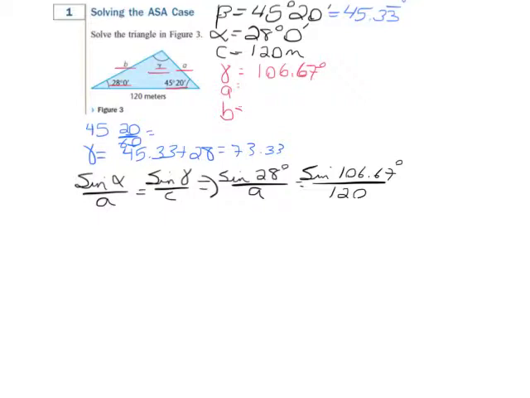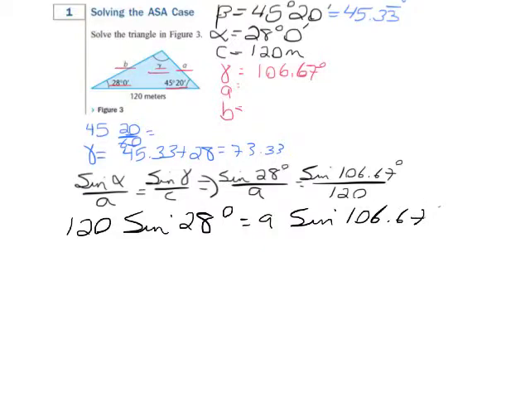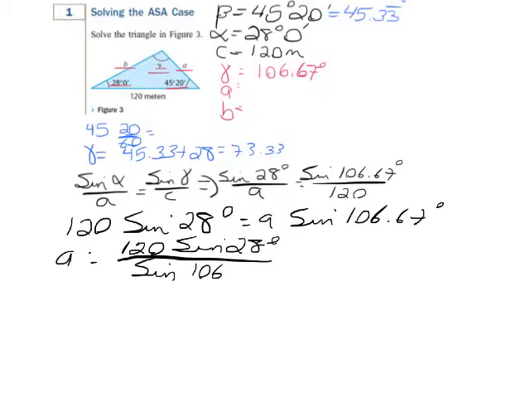Solving for A, we would have 120 sine of 28 degrees is equal to A sine of 106.67 degrees. So therefore A is equal to 120 sine of 28 degrees all over the sine of 106.67 degrees.